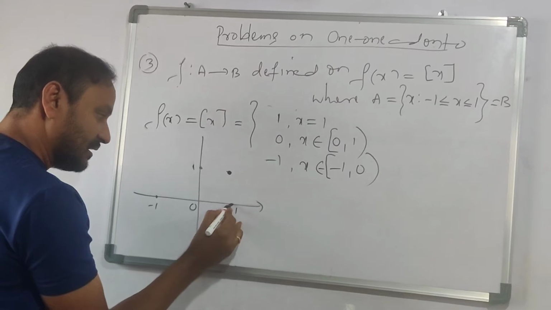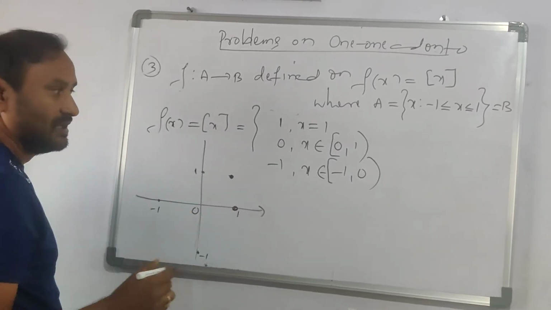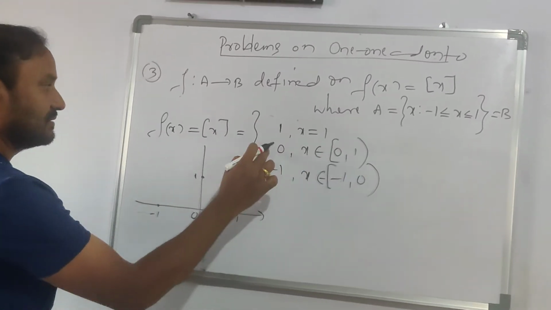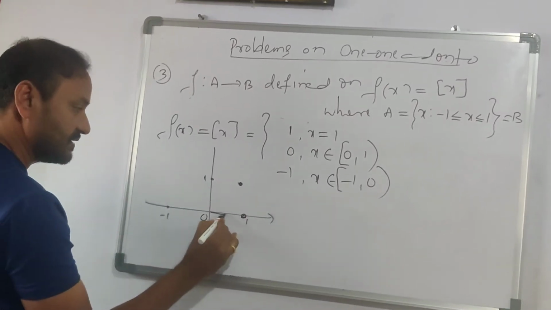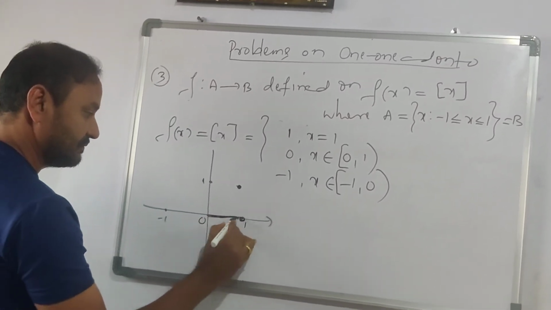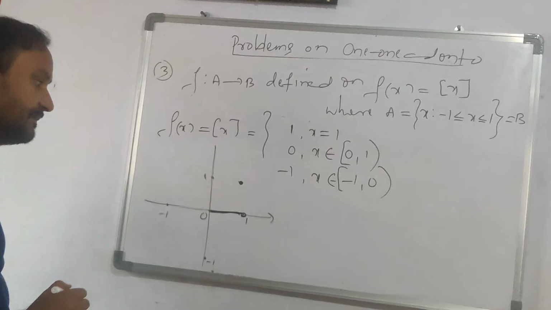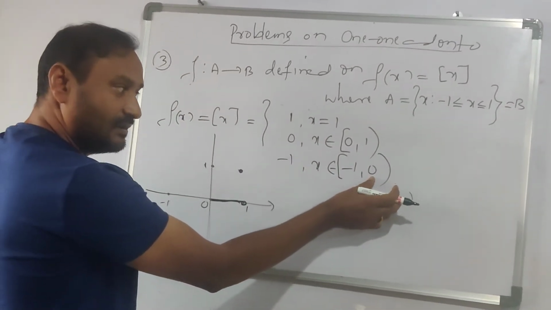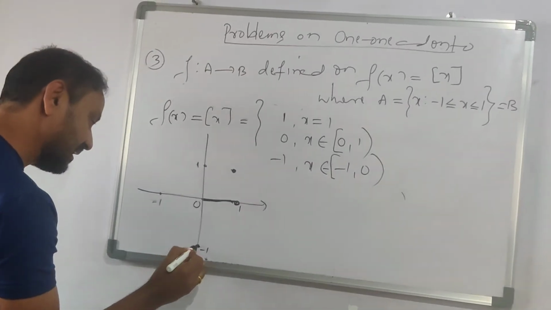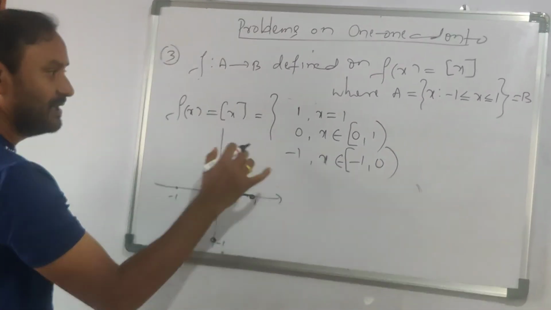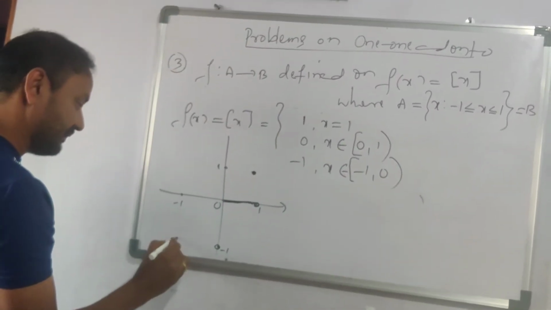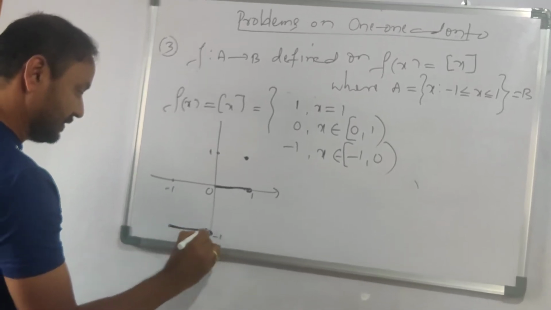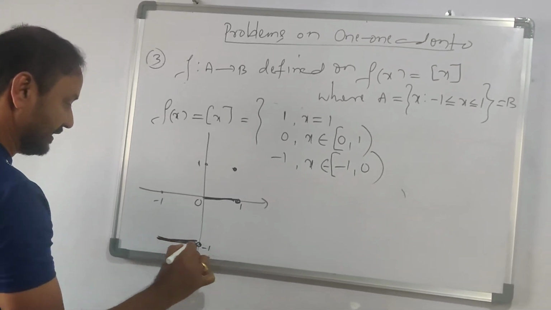That's why take here a hole. X belongs to 0 to 1, then step of x equals 0. This is the graph. It is a straight line. And also x belongs to minus 1 to 0, here 0 is not included. So that's why take here a hole. That's why it equals minus 1. This is the straight line. This is the graph.